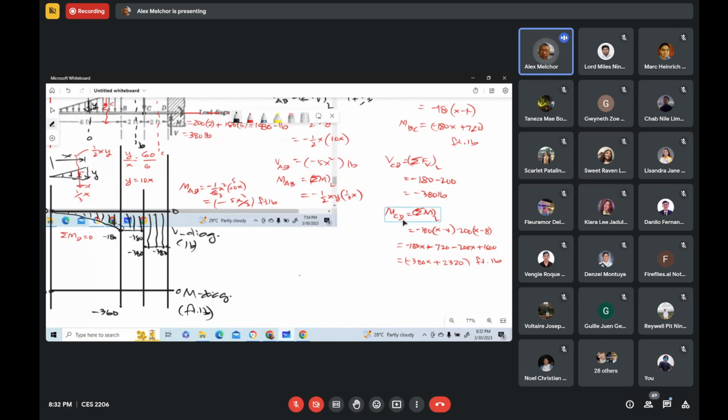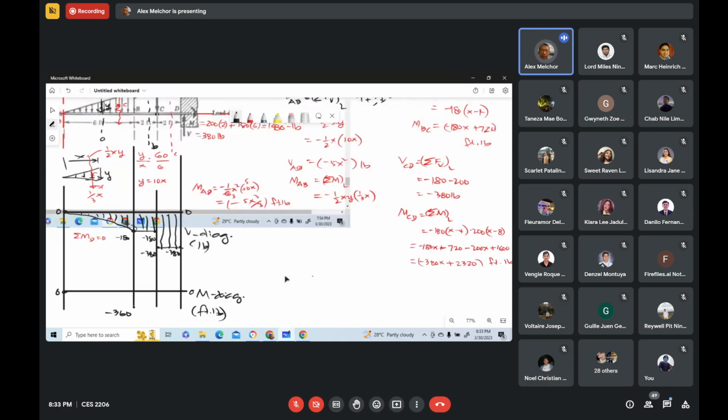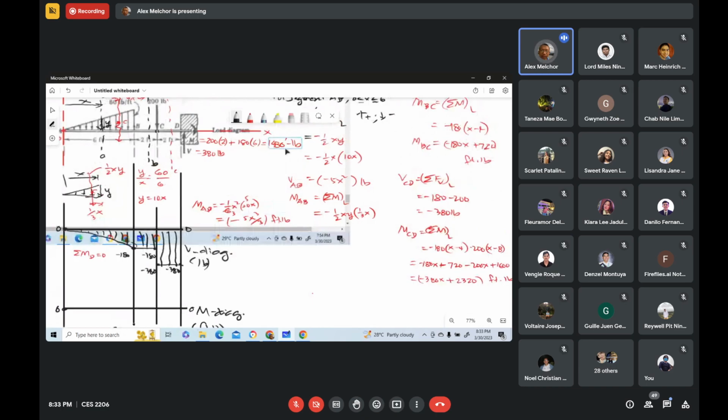So we use a moment equation for CD. This will be negative 3,800, right? Negative 3,800. How much is that? Plus 2,320. How much is that? 1480, sir. 1,480. Thank you. So this is negative 1,480. So if you are going to check it here, you see you have 1,480 pounds. That's correct.